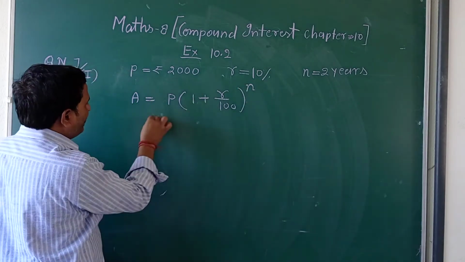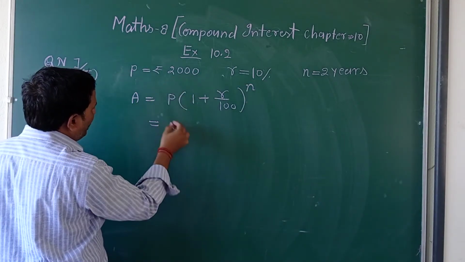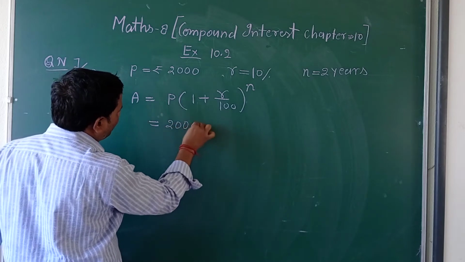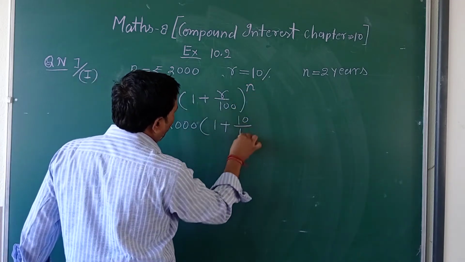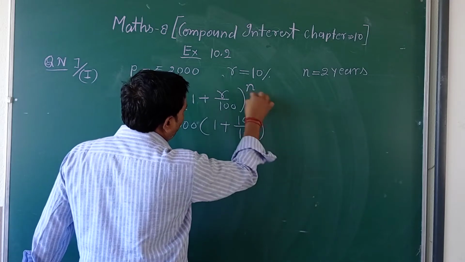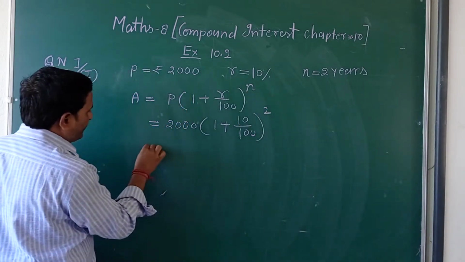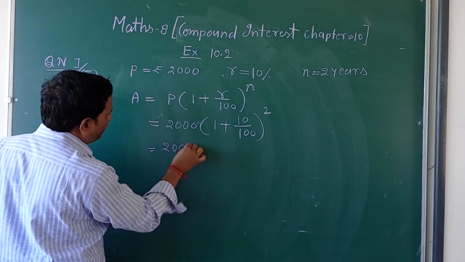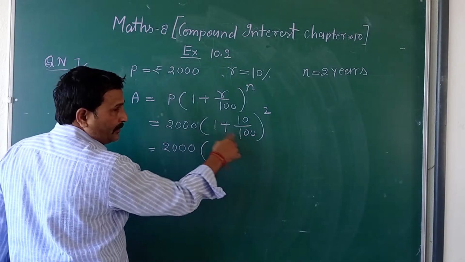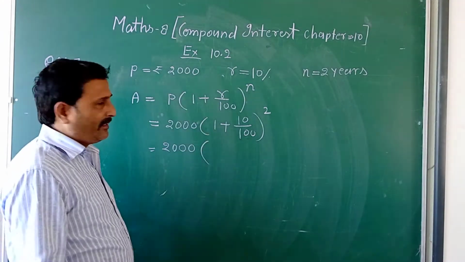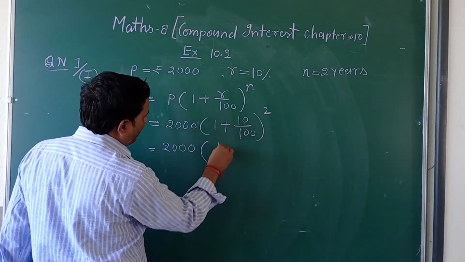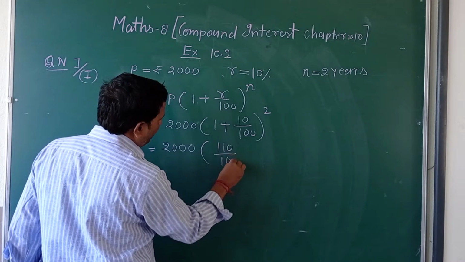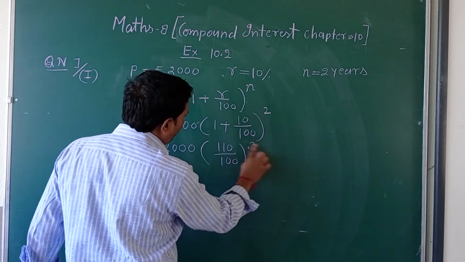N is time. Principal is given, rupees 2000, rate is given 10%, by 100, time is given 2. This is 2000 into, you know how to solve the fraction, already you know, multiply by 10 here and add this 1, 110 upon 100 to the power 2.